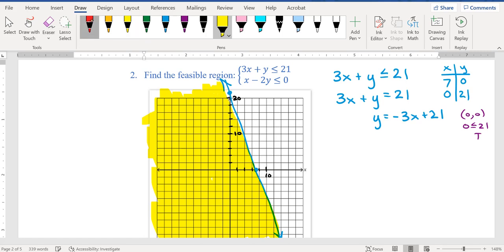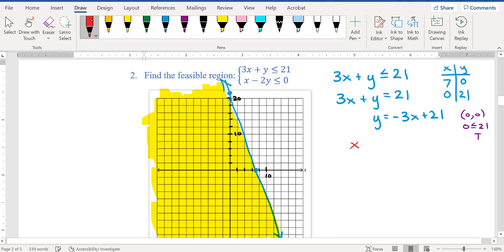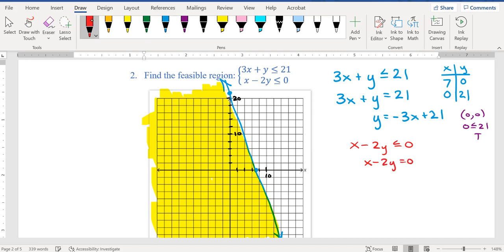Now for the second inequality, I have x minus 2y less than or equal to 0. If x minus 2y equals 0, negative 2y equals negative x, so y equals 1/2 x. 0, 0 is the y-intercept, and the slope is up 1 over 2. So here's that line.